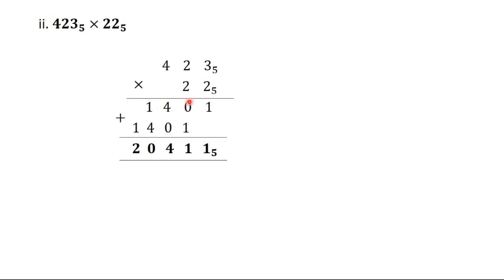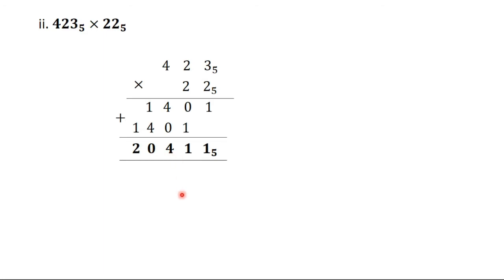Once again, if you are finding it difficult following how this multiplication and addition is done, just convert 423 base 5 to base 10, convert 22 base 5 to base 10, then multiply the answers. You are going to get your answer in base 10. Then you convert that answer from base 10 to base 5, and it's going to be the same as what you have here.